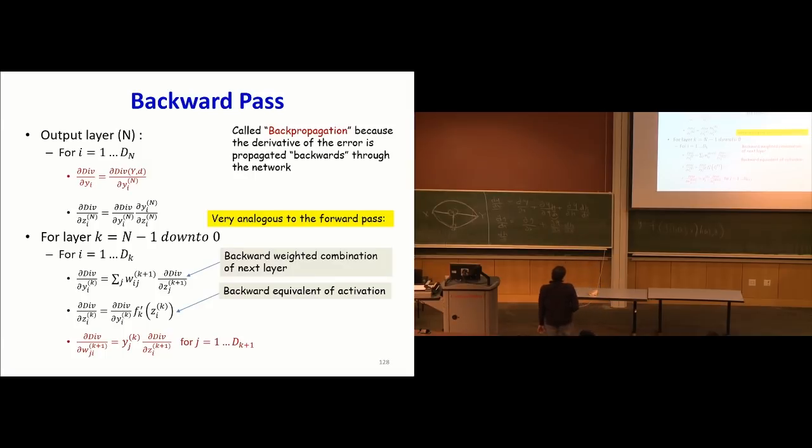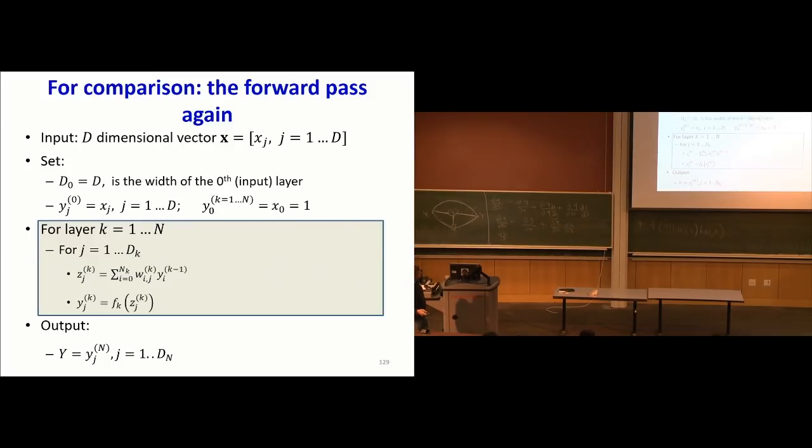Now, something very interesting. The backward pass is extremely analogous to the forward pass. Here is the backward pass, going backwards. Here is the forward pass. What did I do in the forward pass? I was going forward, and in each loop I was computing an affine combination and then applying an activation to it.